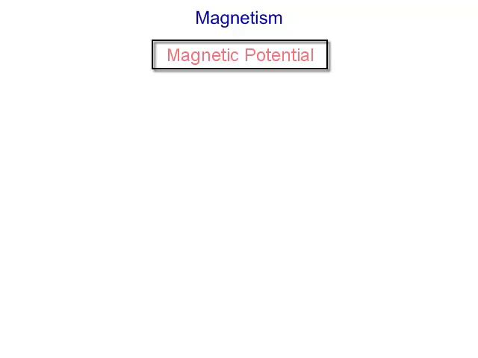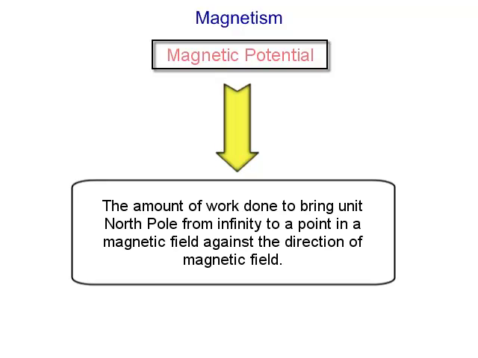Now, let us find out the formula for magnetic potential near a short magnetic dipole. Basically, magnetic potential is the amount of work done to bring a unit north pole from infinity to a point in the magnetic field against the direction of the magnetic field.